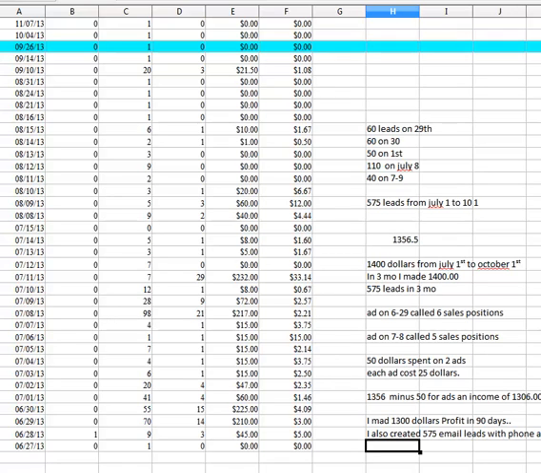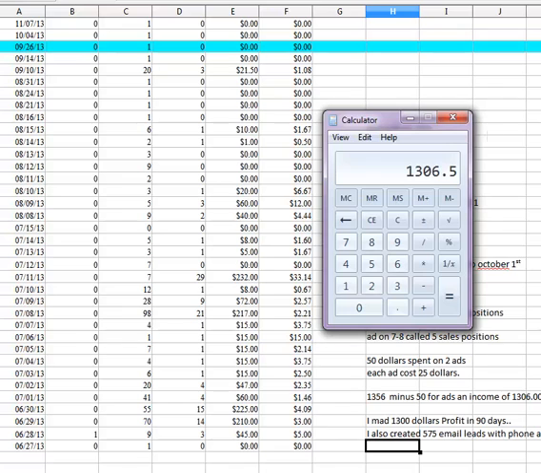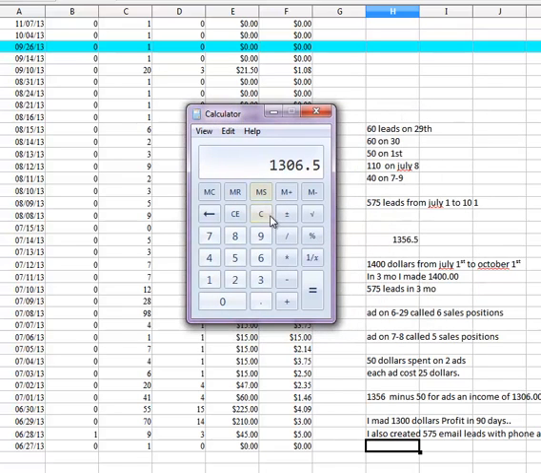So let's see how much my leads cost me. Let me get the calculator. I'm not even sure how to do this. I've never done this before. I'm not a numbers person. Lawrence Tam should be doing this because he's the numbers person.